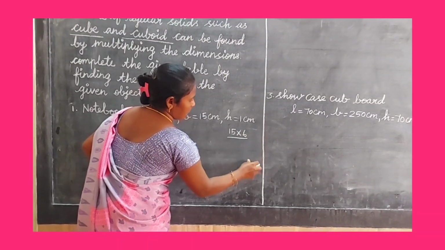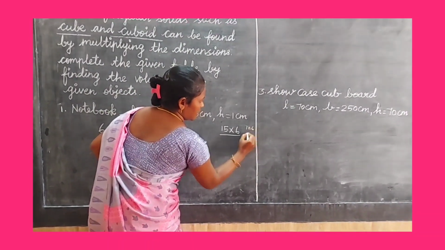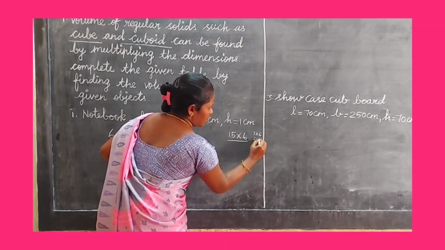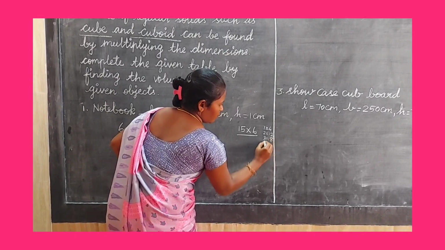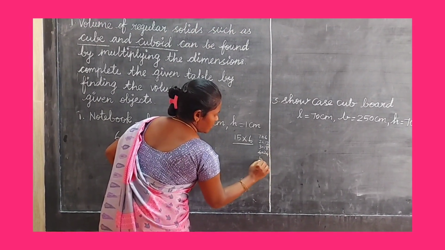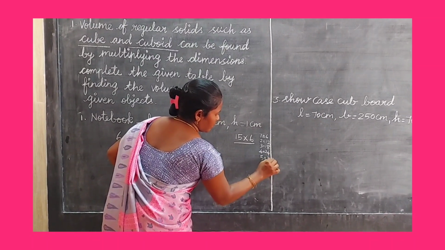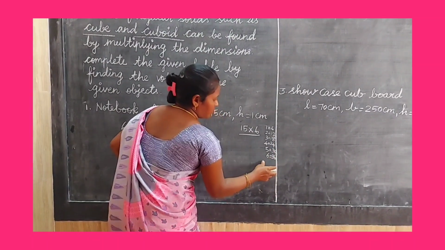Now multiply the value. First we write the table in a short way. 1 6 are 6, 2 6 are 12, 3 6 are 18, 4 6 are 24, 5 6 are 30, 6 6 are 36. Like this way we write the table.